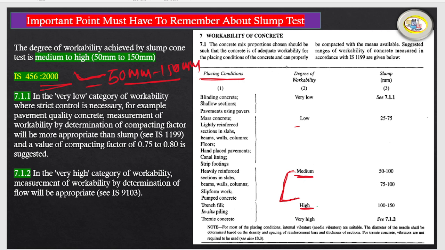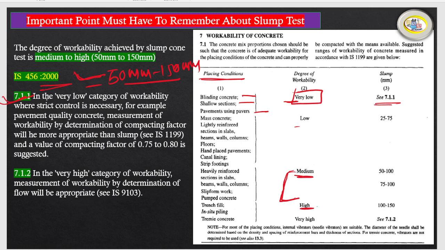Now what the IS code says: blinding concrete, shallow sections, and pavement using paver blocks, for these very low workability is required. For the very low degree of workability, the IS code says to see 7.1.1. Just I marked it over here.